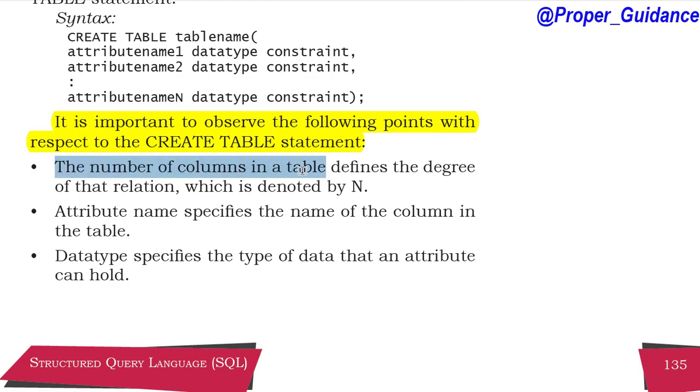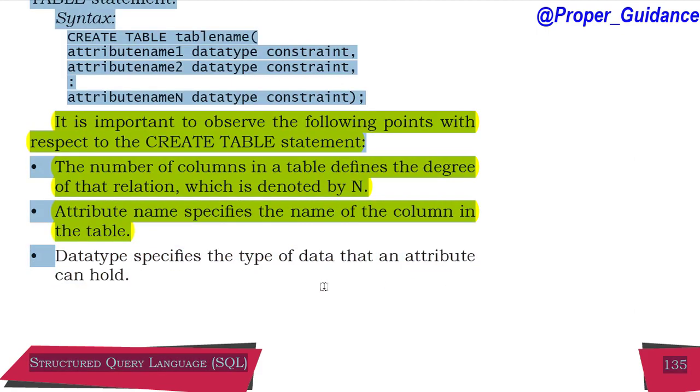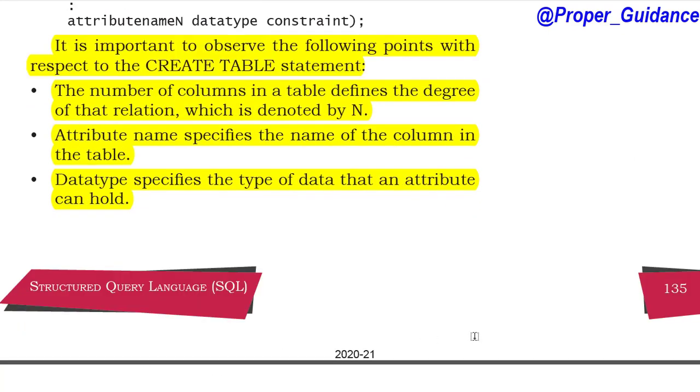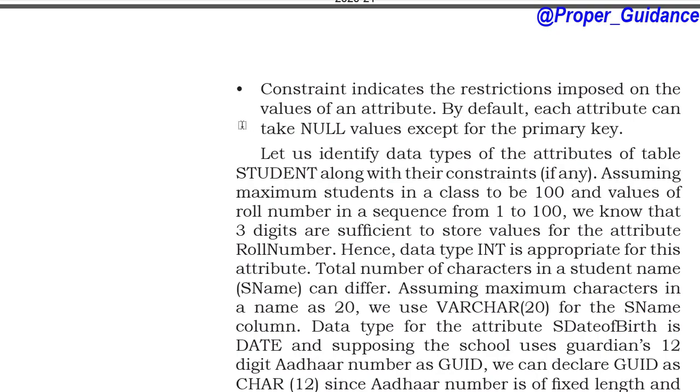The number of columns in a table defines the degree of that relation, which is denoted by n. Attribute name specifies the name of the column in the table, and data type specifies the type of data that an attribute can hold. Constraint indicates the restrictions imposed on the values of an attribute. By default, each attribute can take null values except for the primary key.